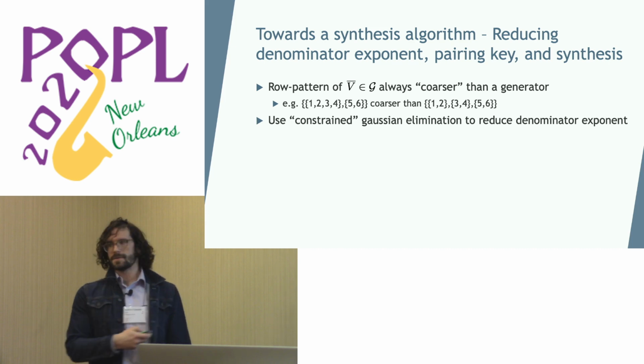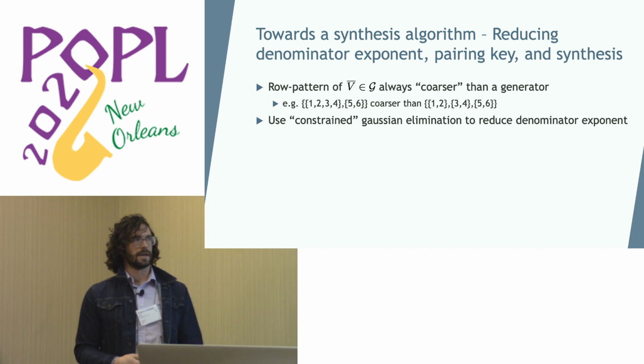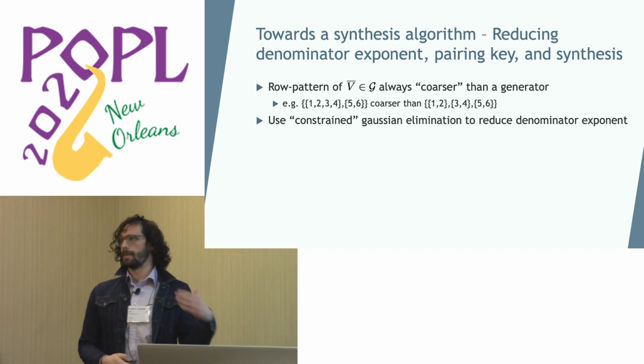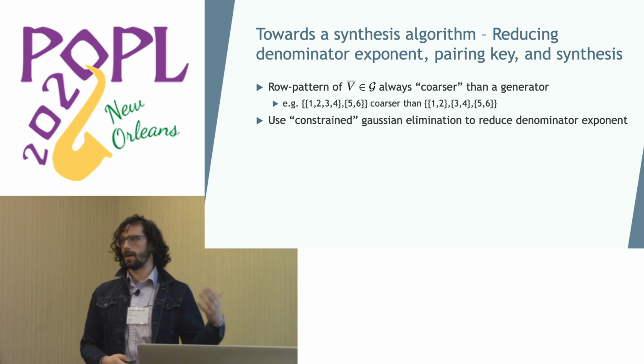So this allows us to use something that people in the field like to call constrained Gaussian elimination in order to reduce the denominator exponent, basically reduce that k 1 by 1 until we reach something with a denominator exponent of 0.